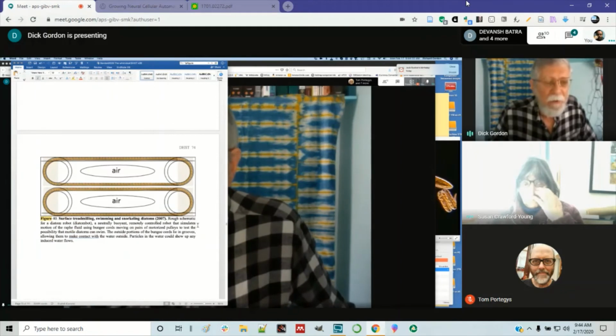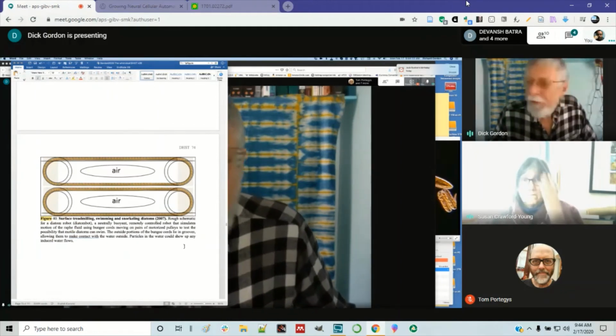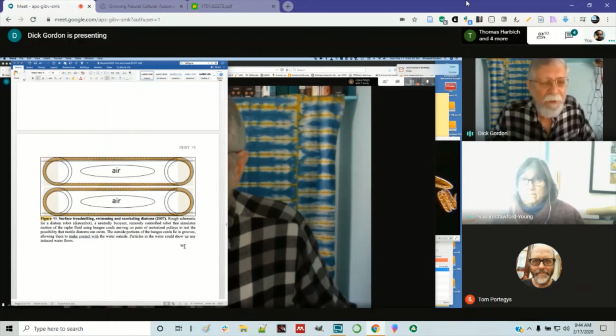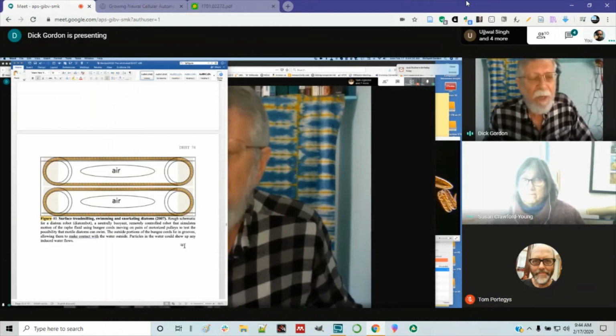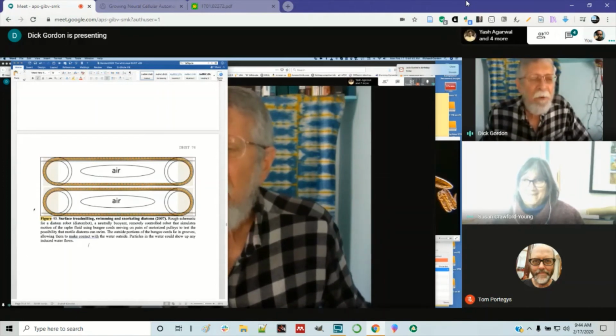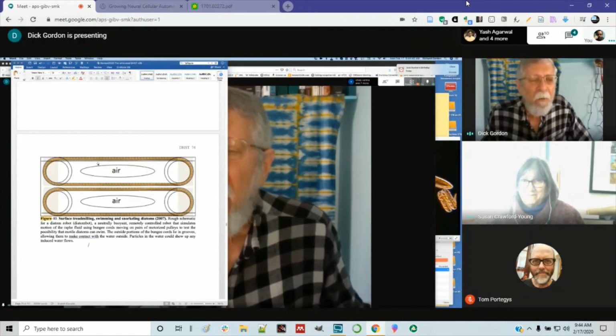Okay, so here, this is for Tom and Susan. Here is my model, or a sketch, for a diatom bot. It's a submersible robot which has two pairs of pulleys.